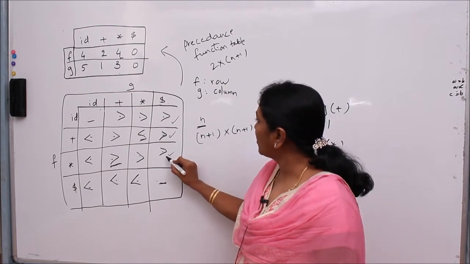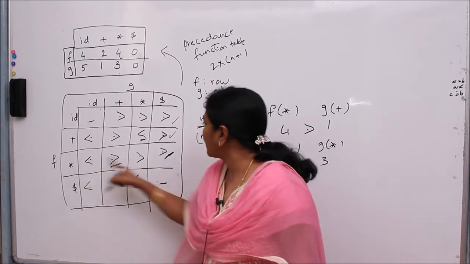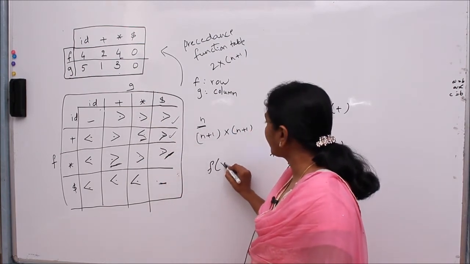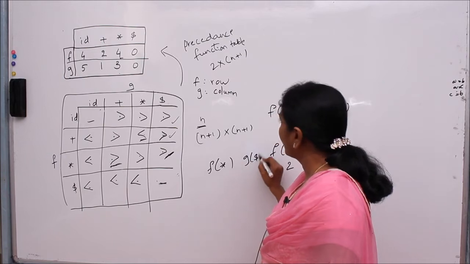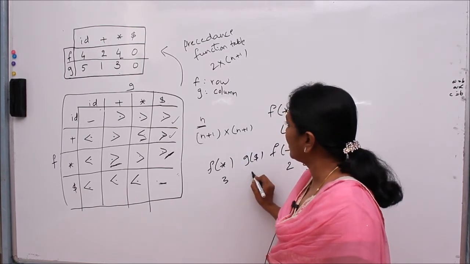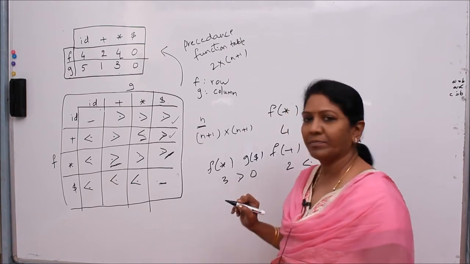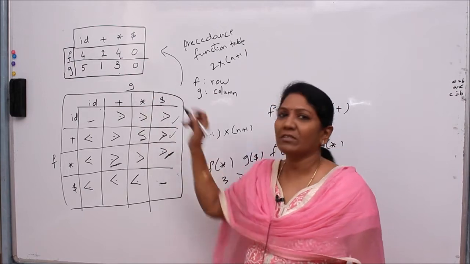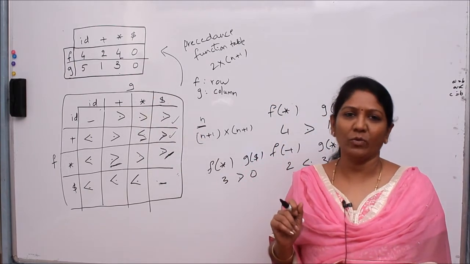For example, I want to check this one. It is f star and g dollar. F star is 3, g dollar is 0. So greater, 3 is greater than 0. You can check each and everything. Everything is reduced to this particular format only.